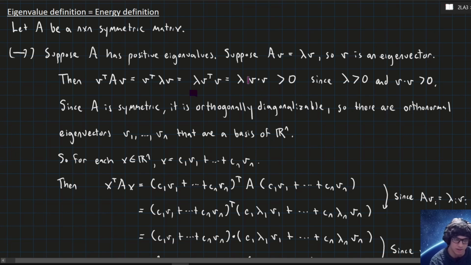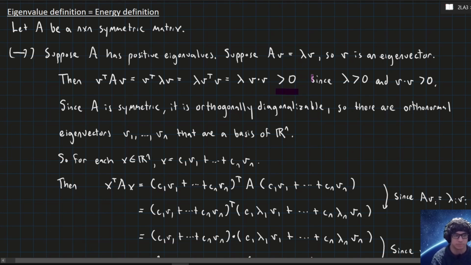And so I get lambda times V dot V. This expression must be greater than 0, because we're assuming that lambda is greater than 0, and V dot V will be greater than 0, since V is an eigenvector, it's non-zero. So the energy of an eigenvector will be greater than 0.